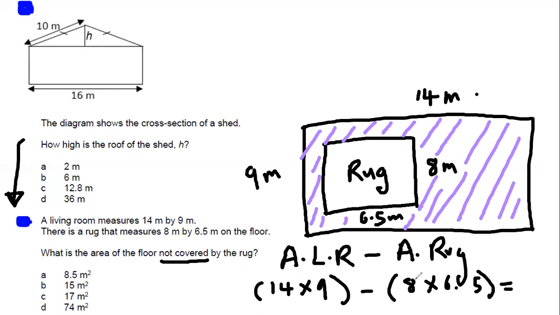How much did you get? 126 for the area of the living room. 8 times 6.5 is about 50 something. 52? Yes, sir. All right.